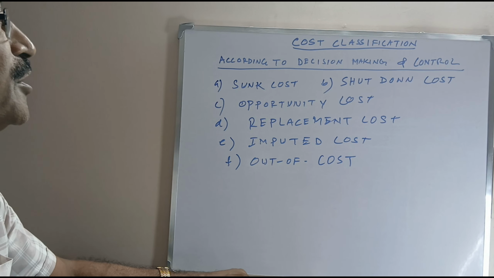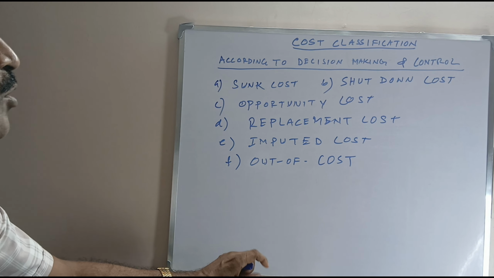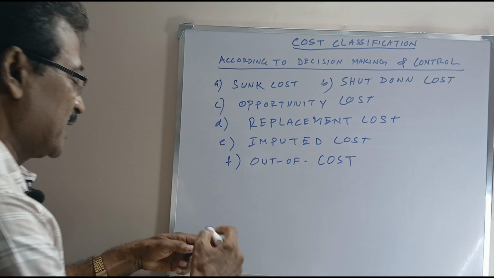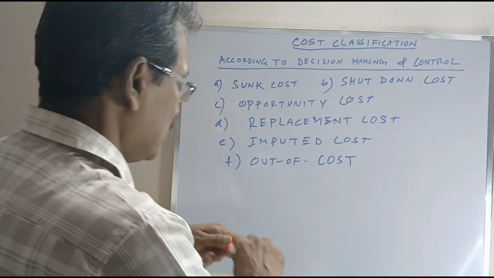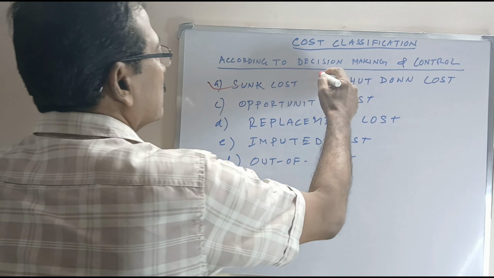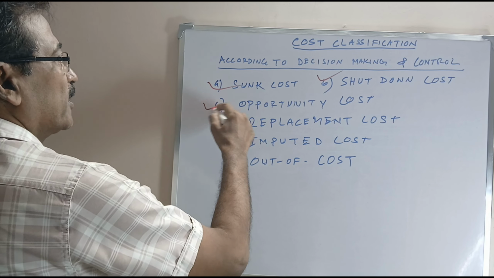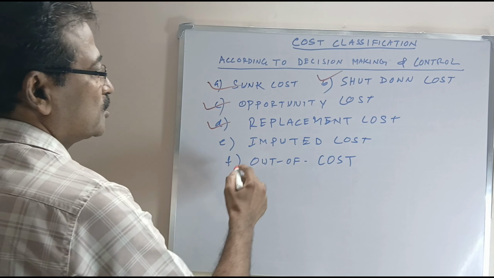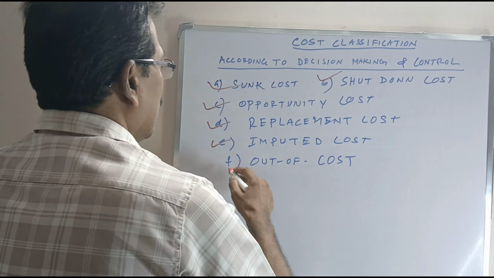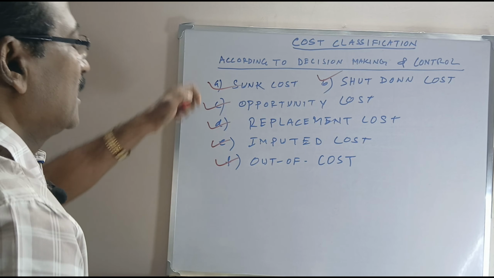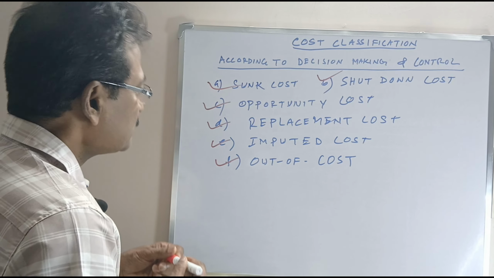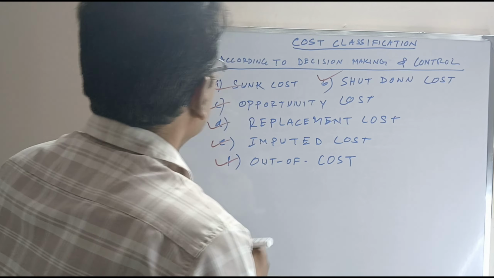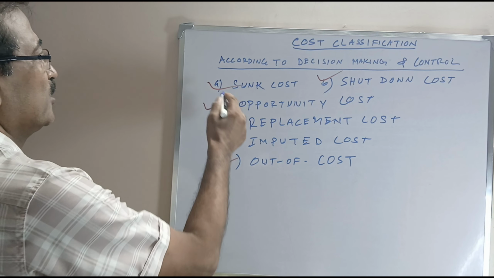According to decision making and control, cost can be classified as sunk cost, shutdown cost, opportunity cost, replacement cost, imputed cost and out of pocket cost. Let us discuss all these costs one by one.